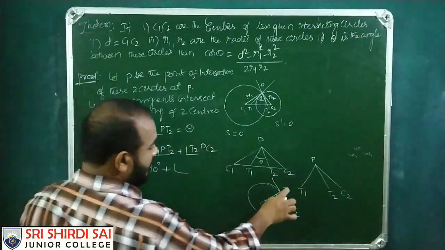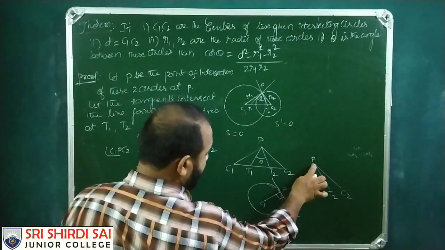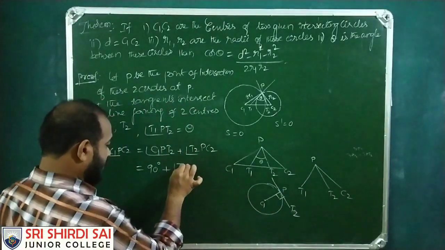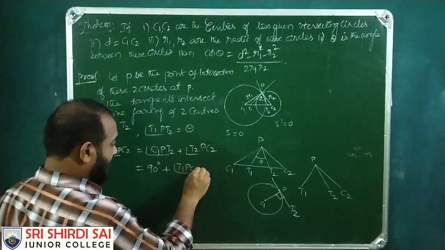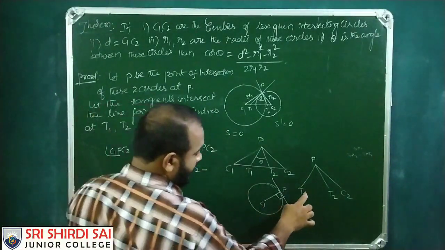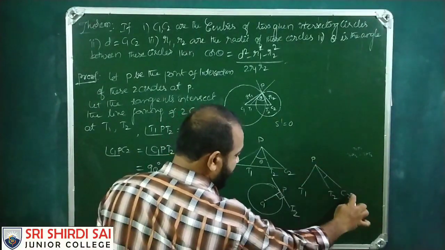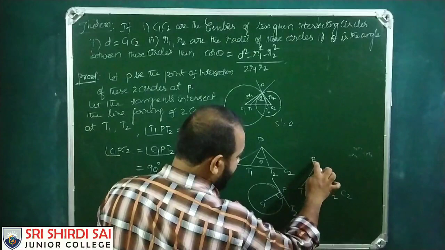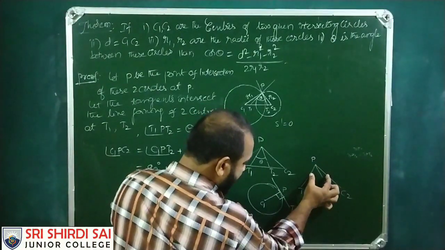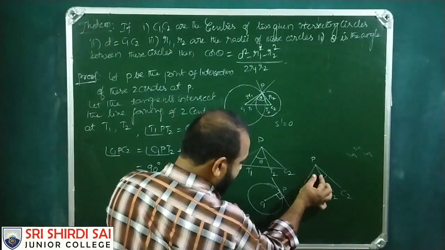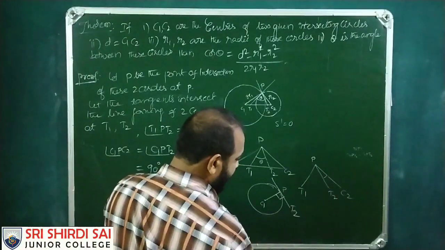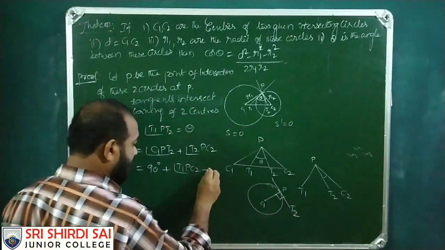What is that? The whole T1PC2 minus, to obtain this angle I am talking about. So T1PC2 minus T1PT2, the whole angle minus, if I subtract, then actually we get this angle. So this is T1PT2.